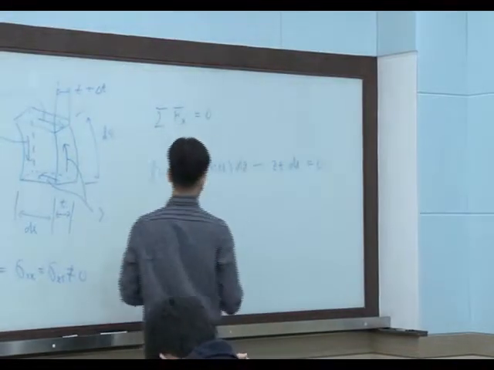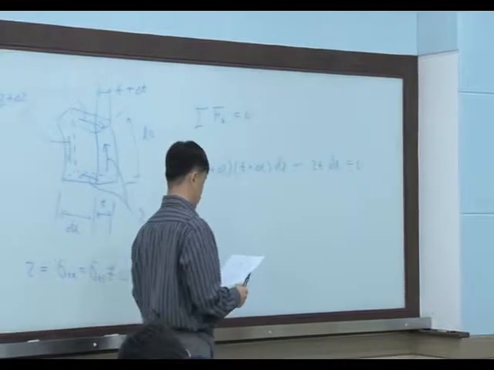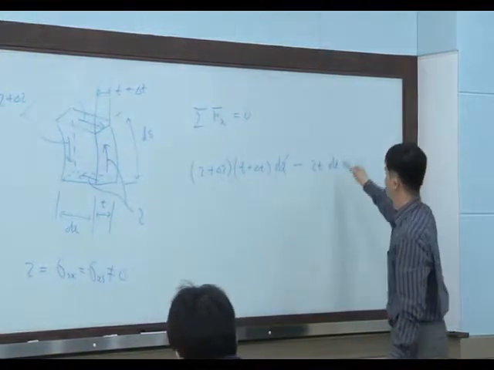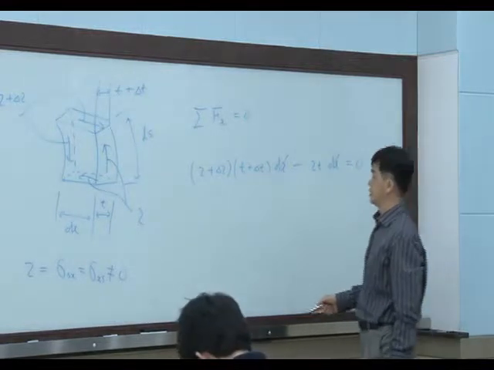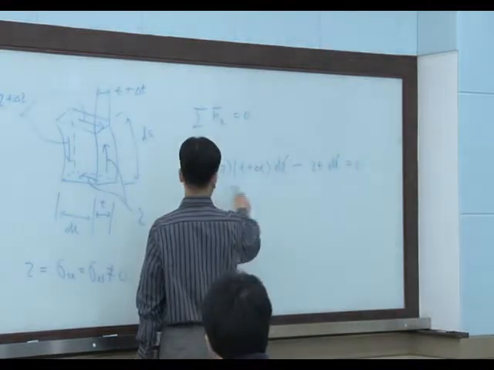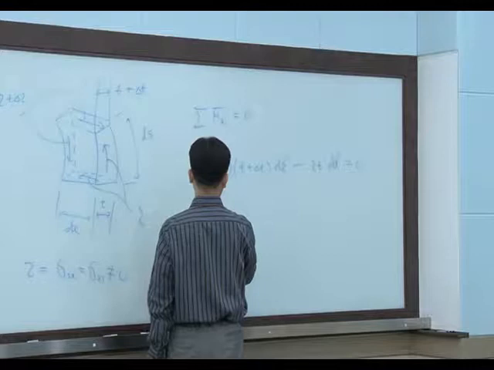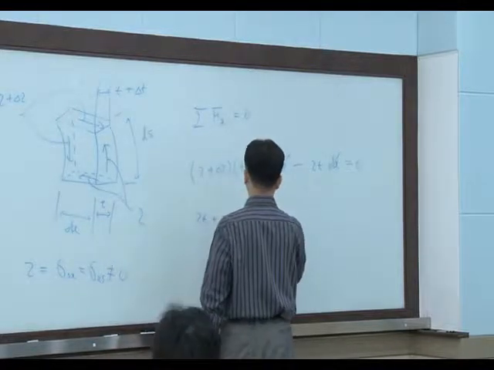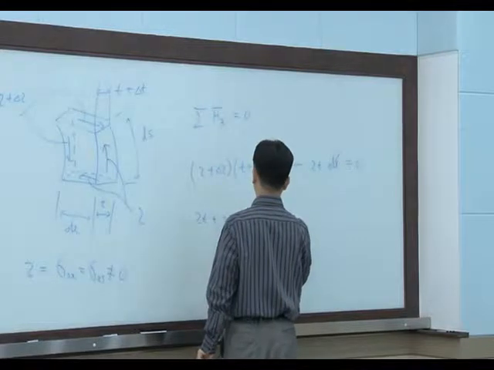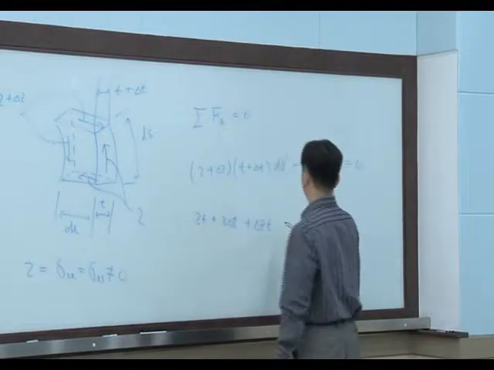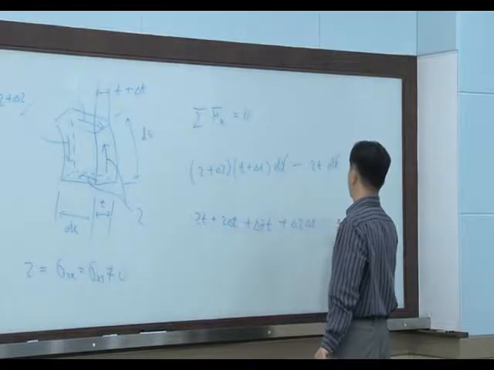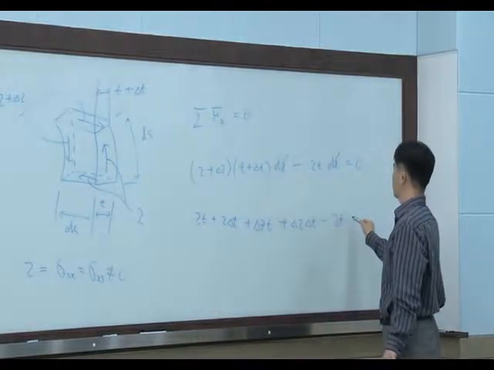Then we can delete the dx. Then tau t plus tau delta t plus delta tau t plus delta tau delta t minus tau t equals 0.